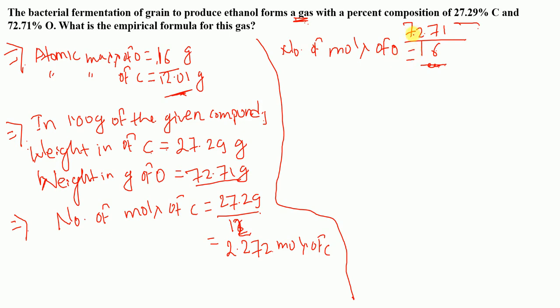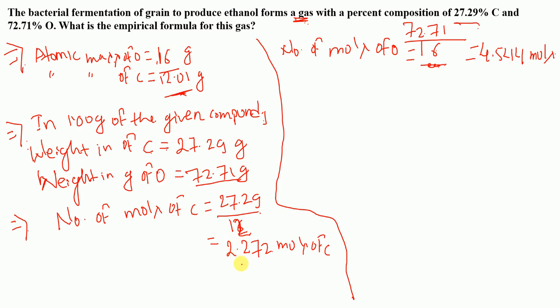When we divide 72.71 by 16, the number that we obtain is 4.544 moles of oxygen.